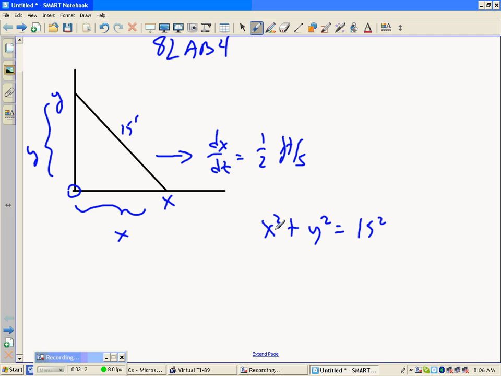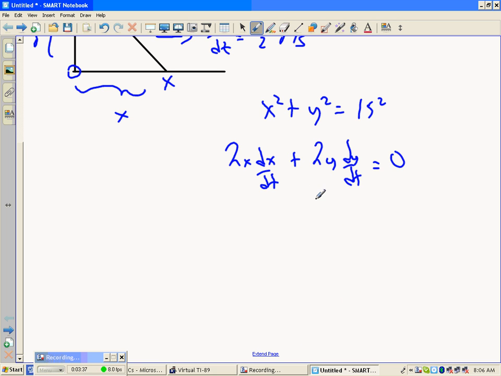I'm not differentiating with respect to X. I'm differentiating with respect to T. So what do you get? 2x dx dt. Yes, X prime among friends means dx dt, but X prime among friends does not mean dx dy or something else, okay? Be careful. Plus 2y dy dt is equal to 0.